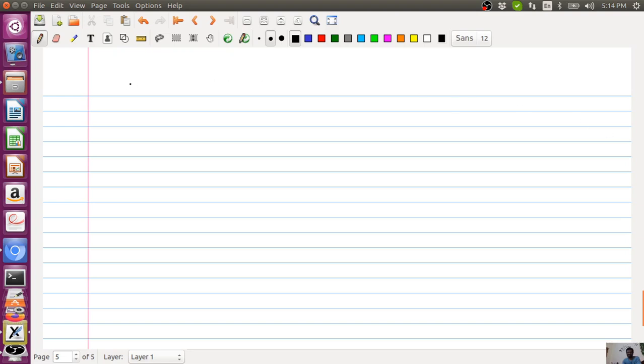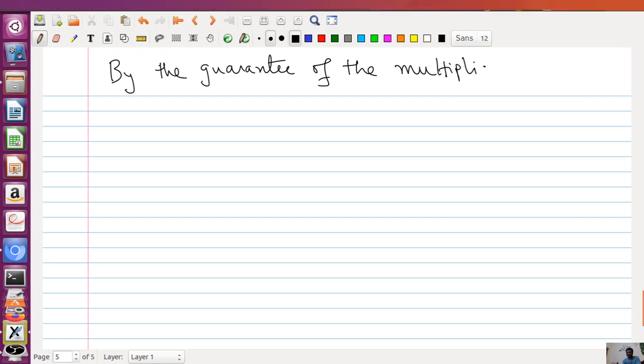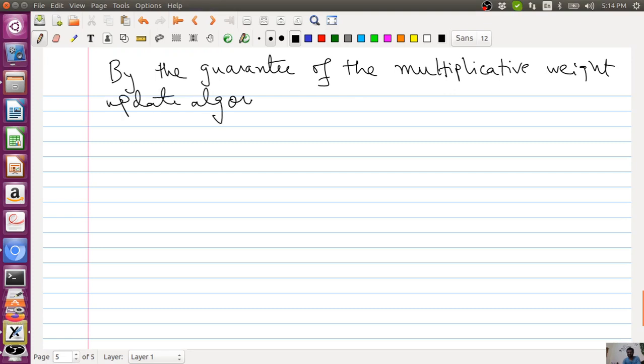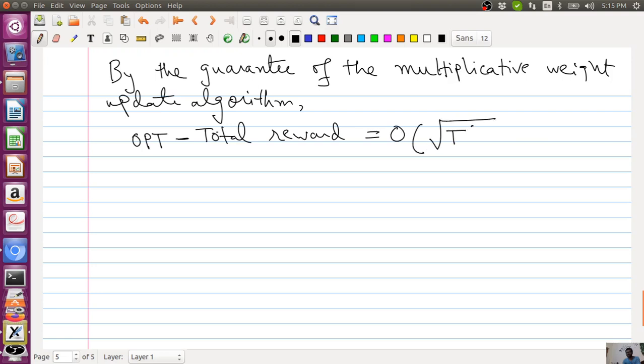Okay, so let's get to it a little later, but by the guarantee of the multiplicative weight update algorithm, opt minus total reward, which is the regret, is order of square root of T log m, because m is the number of actions for the row player R.